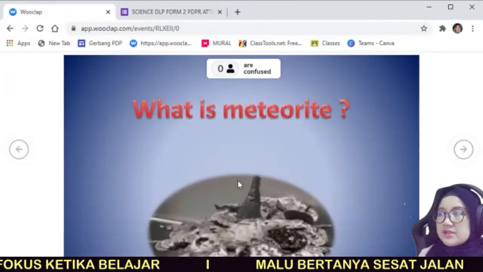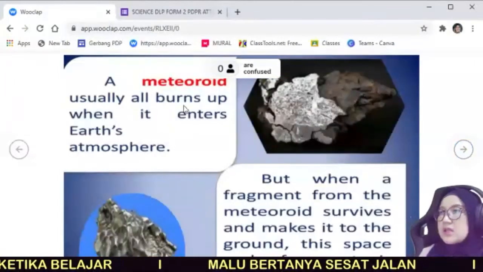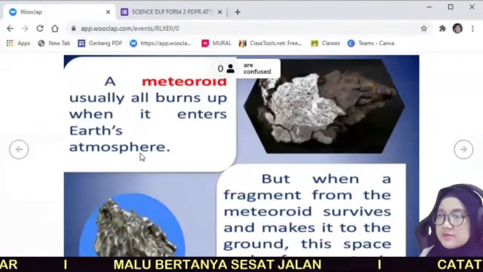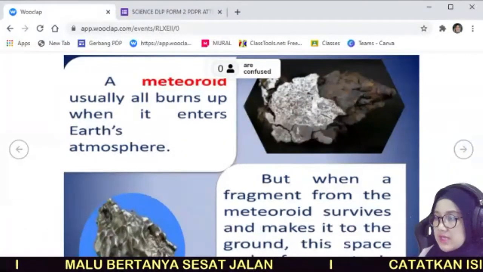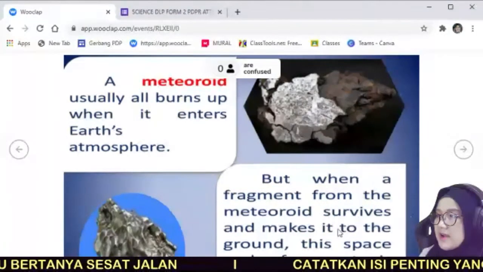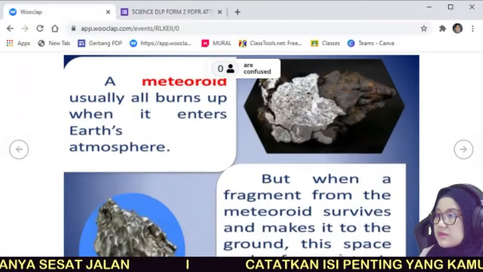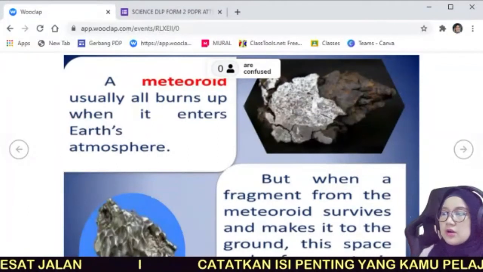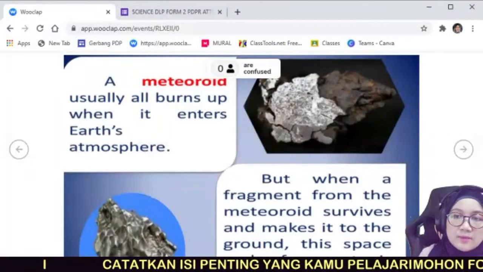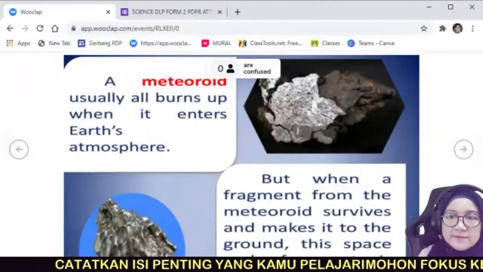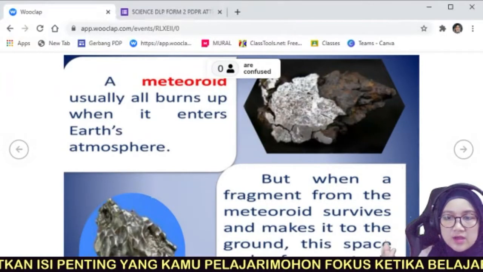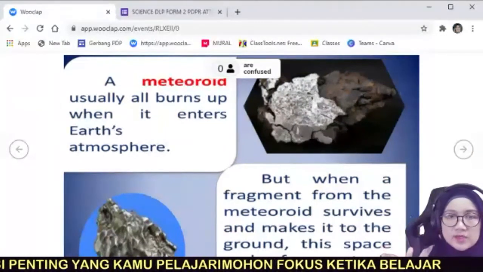So what is a meteorite? Okay, a meteoroid usually all burns up when it enters the Earth's atmosphere, but when a fragment from the meteoroid survives and makes it into the ground, this space rock fragment is now called a meteorite. Actually, the name becomes different, however the original is from the asteroid. An asteroid fragments to become a meteoroid.